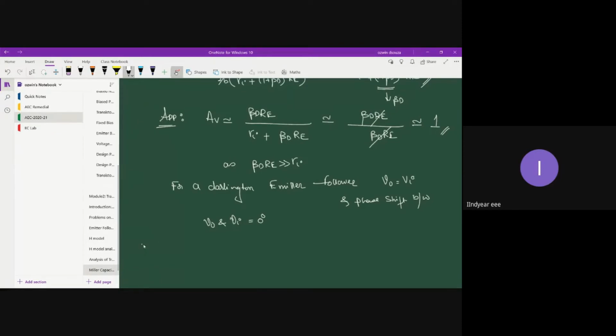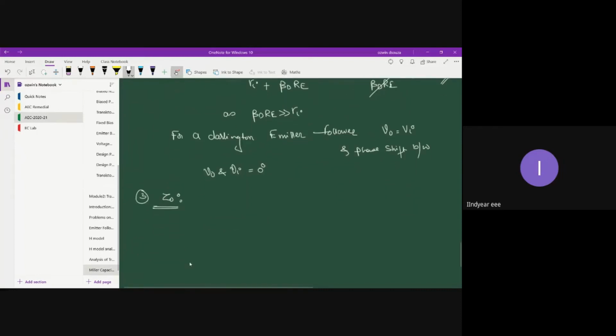Okay, the third one is the output impedance. So this output impedance is pretty tricky. For output impedance, let us do it on the basis of Thevenin's theorem. So for the output impedance, you can apply Thevenin's theorem.